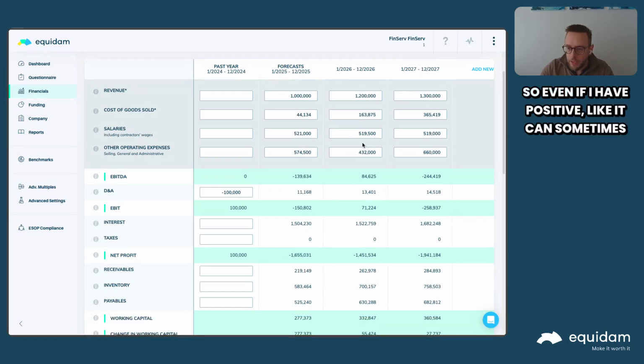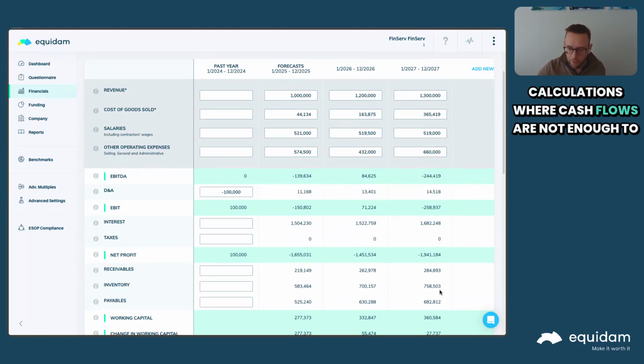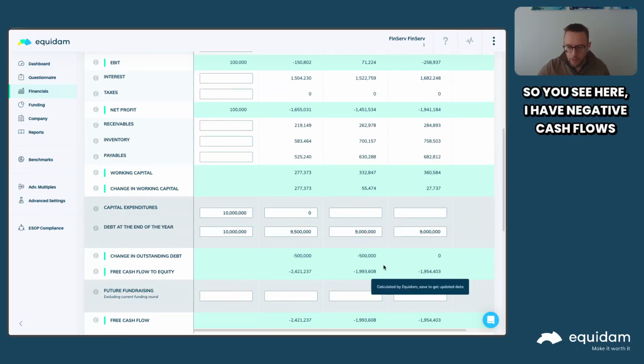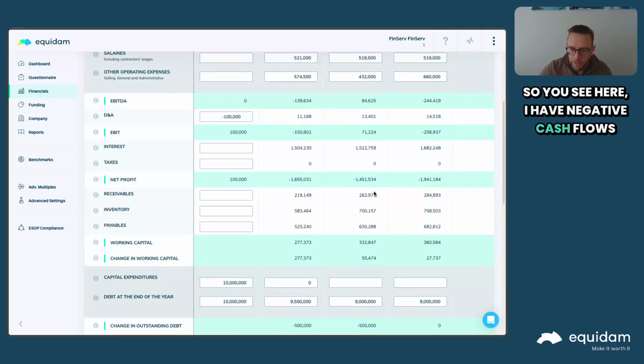Even if I have positive numbers, it can sometimes result in a negative valuation. Negative valuations are a natural result of calculations where cash flows are not enough to support the company. You see here we have negative cash flows everywhere.